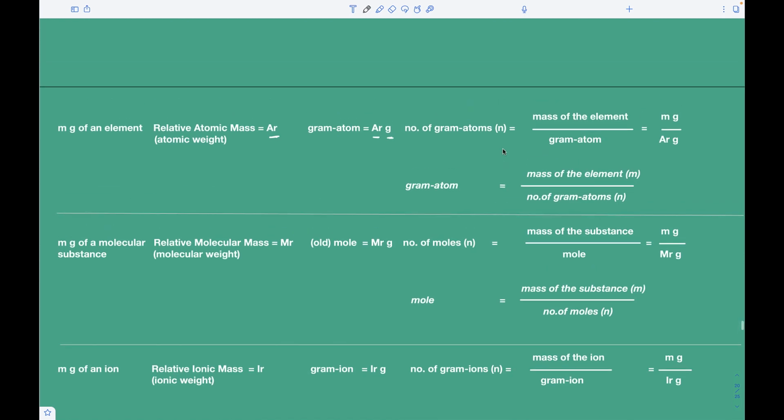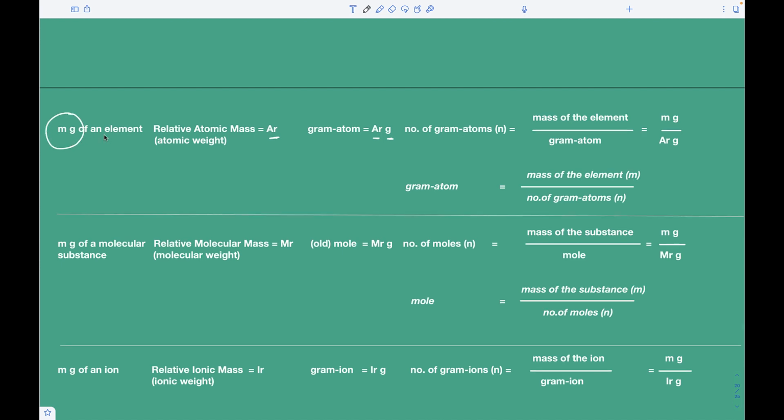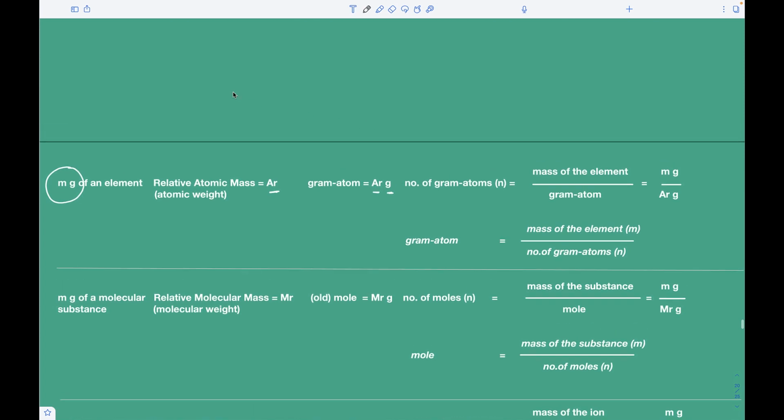Now my question is, how many gram atoms are there in this m grams of this element? That is easy to find out, right? Because if you have AR grams of this element, that means you have 1 gram atom of the element. But if you have m grams of that element, how many gram atoms are there? Let us call this small n.